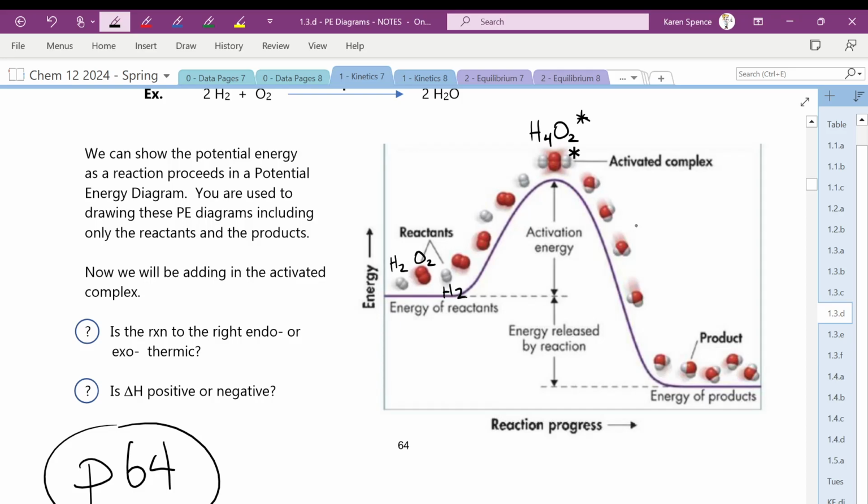The new bonds form. So here we have old bonds break. And down we go, new bonds form.